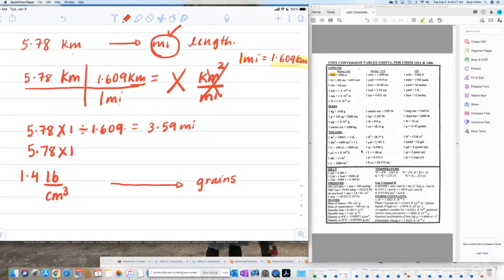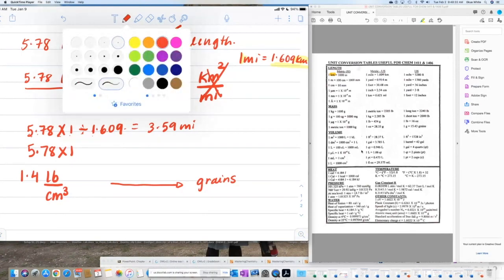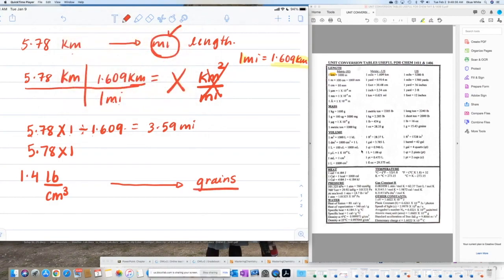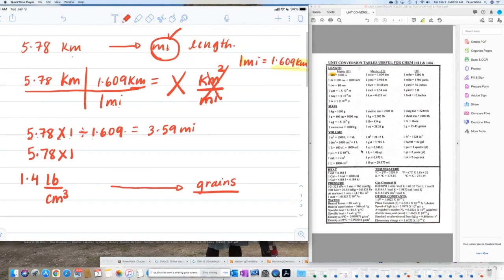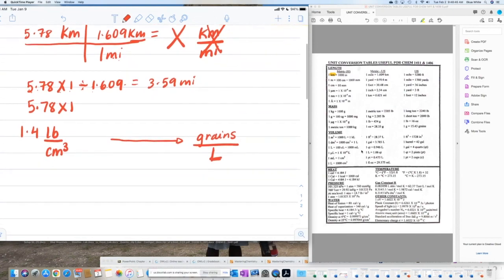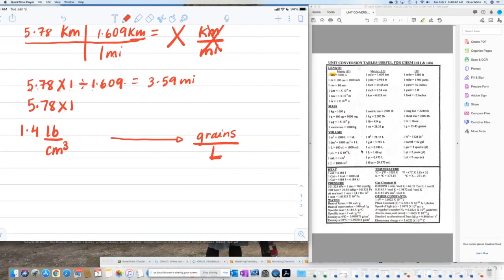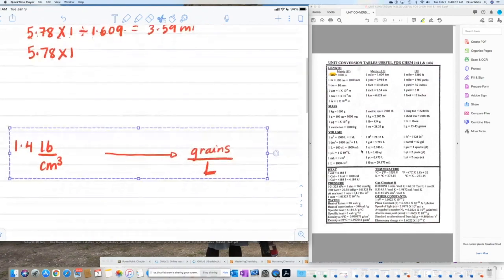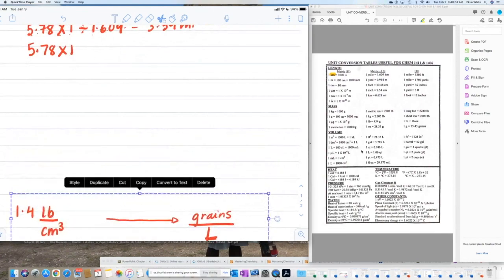So let me do something a little bit simpler before I come to this one here. I'll finish this question and then I'll write something else. I'll do a much simpler one first. So I have grains, and then down here for my volume, let me pick liters, grains per liter. Okay. So let me cut this and put this down. I'll come to this later on because this is more complex.